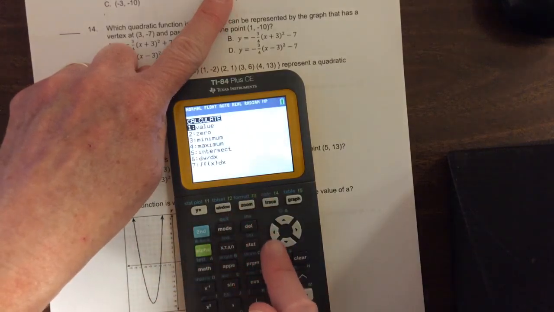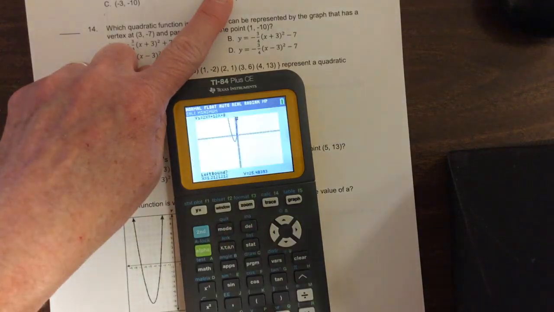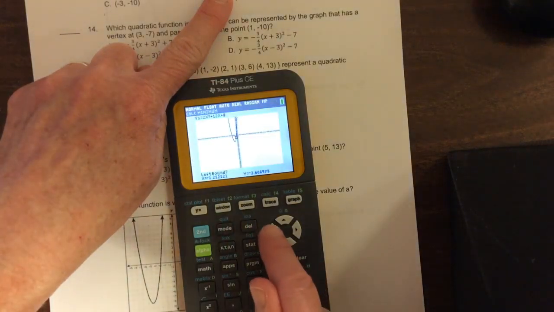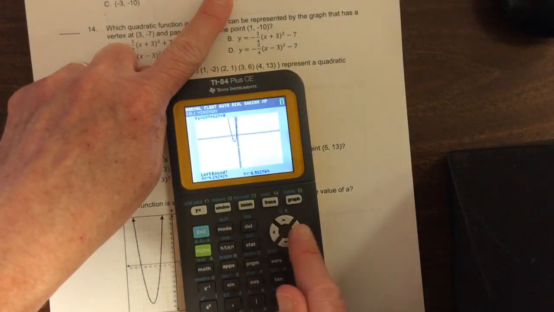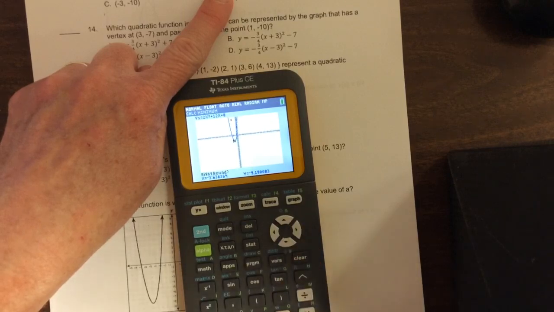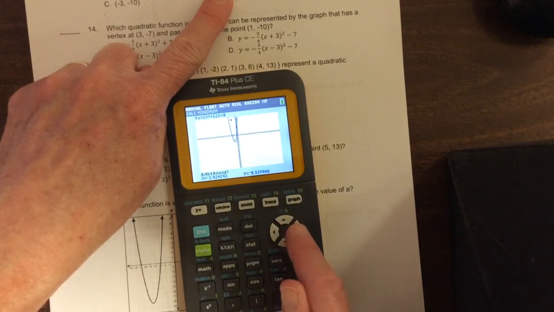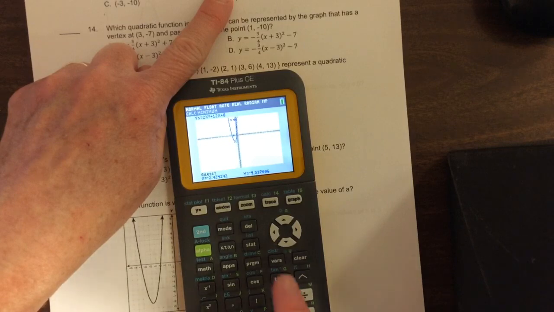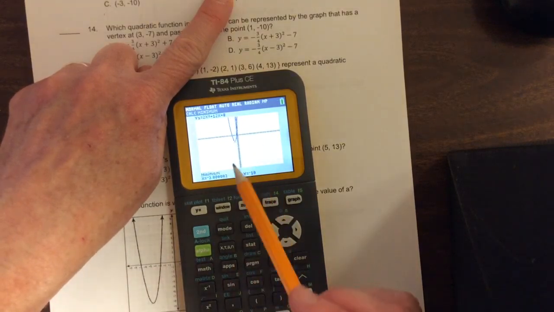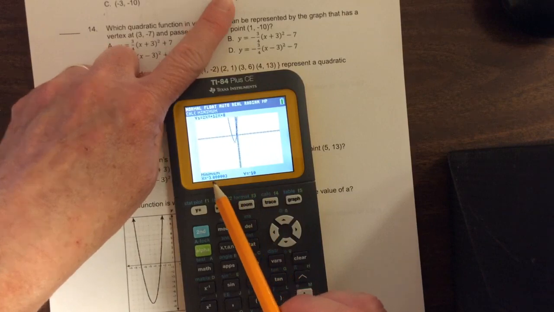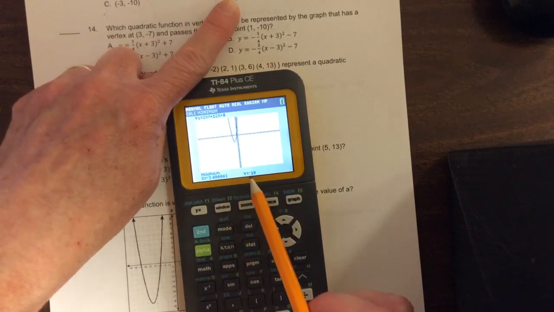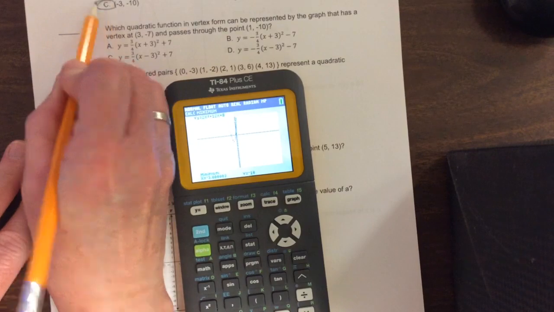And I know this is going to open up, so I have a minimum. I'm going to move the cursor over to the left and hit enter for left bound. I'm going to hit enter for right bound. So now I have my boundaries. I'm going to hit enter, and I know my vertex is -3 and -10. So my answer is C.